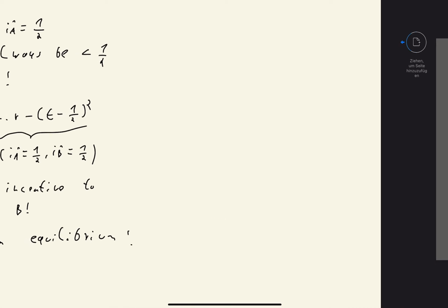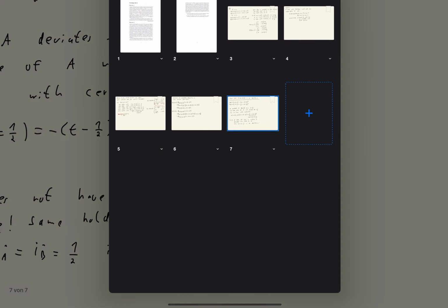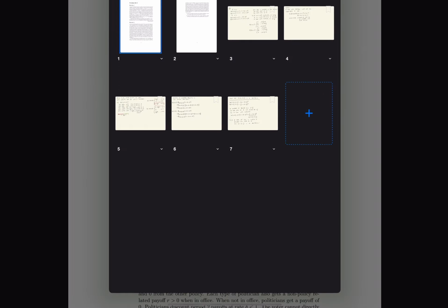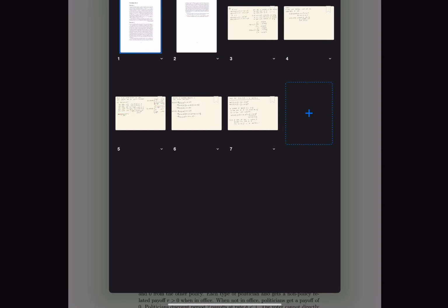So next, we showed that it's an equilibrium, but keep in mind that the question was to show that if something is an equilibrium, then it is IA star being equal to IB star equal to 1/2. So what I will do next is show you that this equilibrium where both have chosen an ideology of 1/2 is the unique equilibrium of the game.